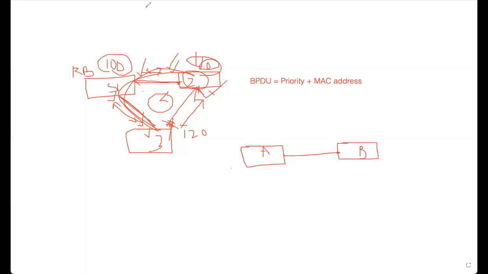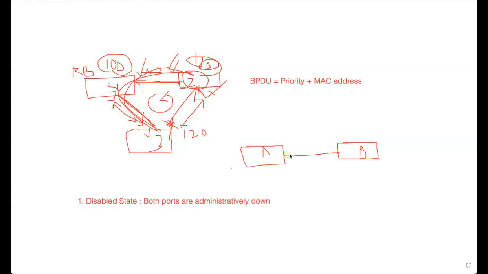Let's talk about the first state. The first state is the disabled state. What does this mean? In the disabled state, both ports are administratively down. What does administratively down mean?